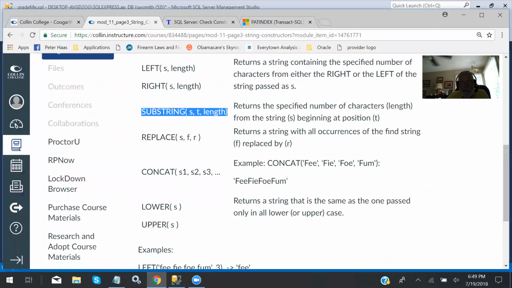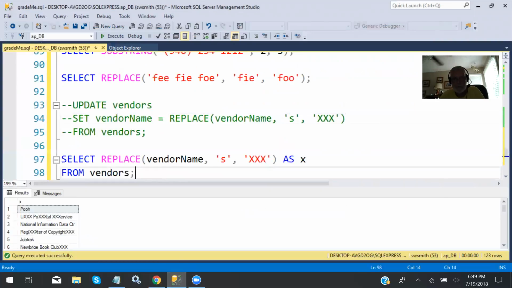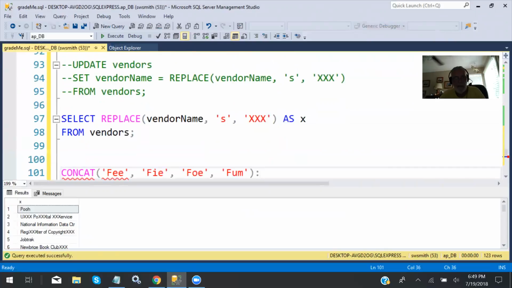Okay, concatenate. I don't usually use this. The concatenate function is also provided by the plus. But if I were to say select concat.